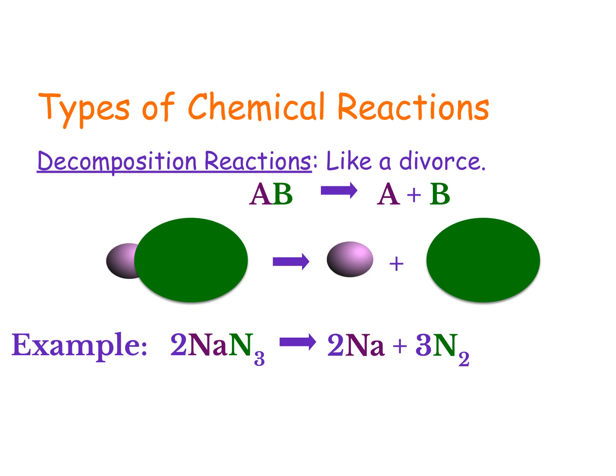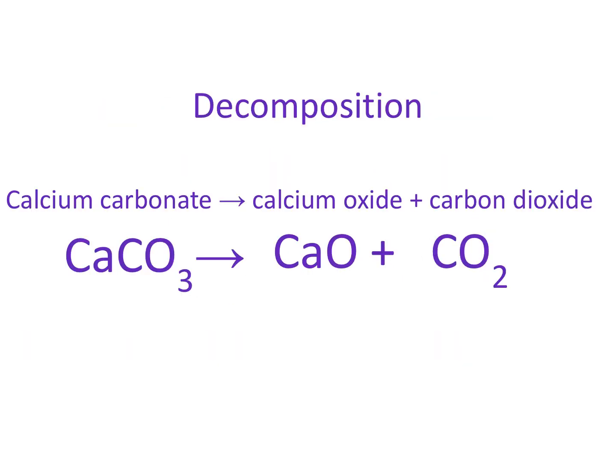So they're going to start the reaction together and then they're going to end up splitting up. You can see a chemical equation example at the bottom. This is also what a decomposition reaction could look like, is if we have calcium carbonate and it decomposes into calcium oxide and carbon dioxide.